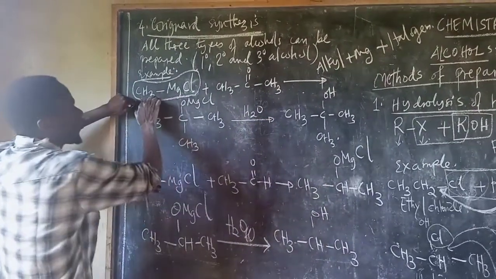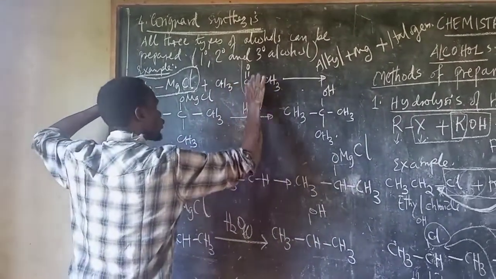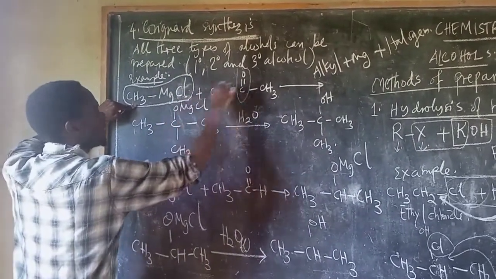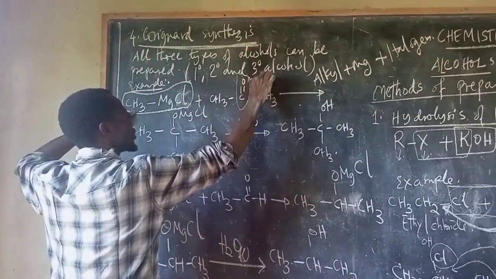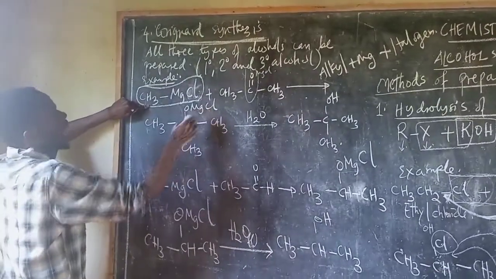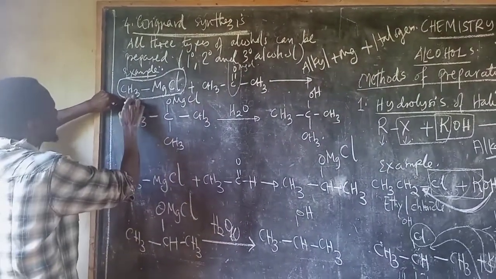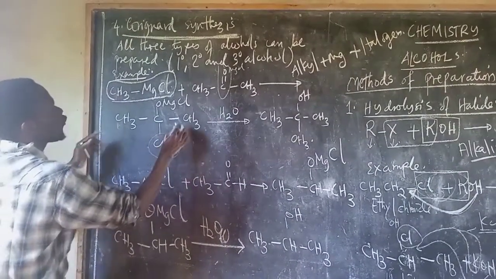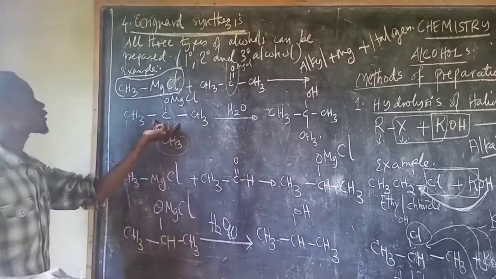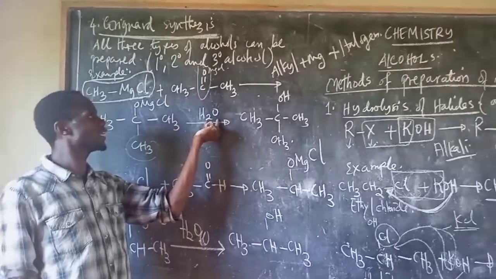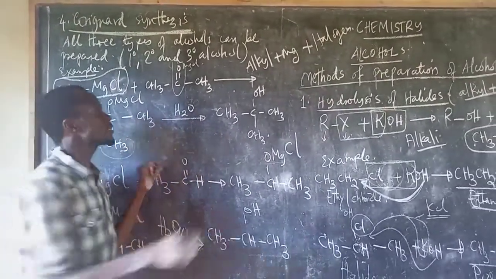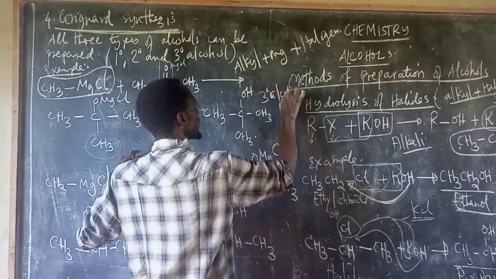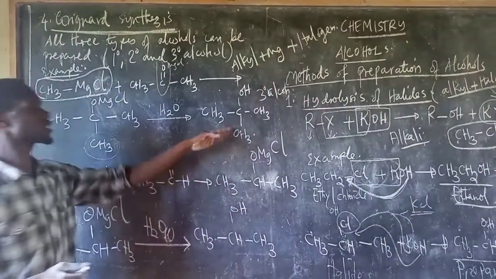The MgCl will come and join here, and this alkyl group will come and attack here also to form this one. If this is followed by hydration, we form what we call a tertiary alcohol, meaning the third-degree alcohol.